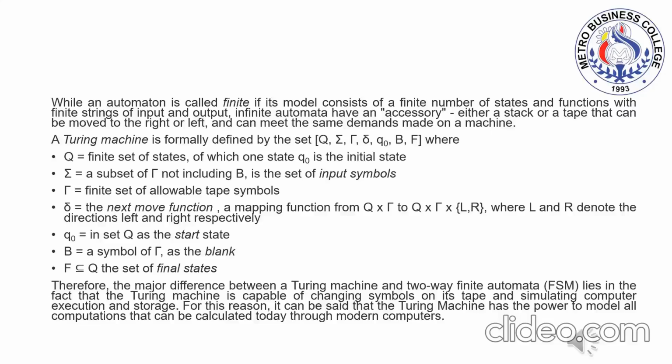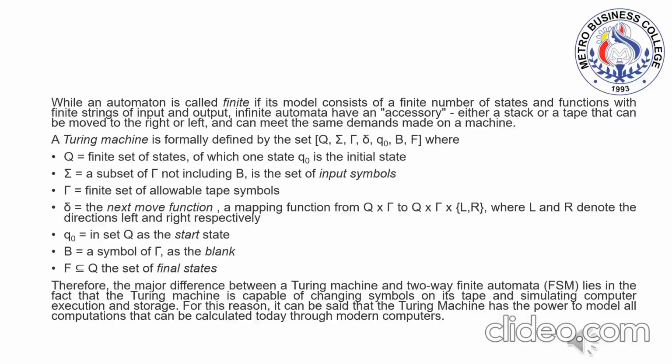A Turing machine is formally defined by the set Q, Sigma, Gamma, Delta, Q0, B, F, where Q equals a finite set of states, of which one state Q0 is the initial state. Sigma equals a subset of Gamma not including B, the set of input symbols. Gamma equals a finite set of allowable tape symbols.